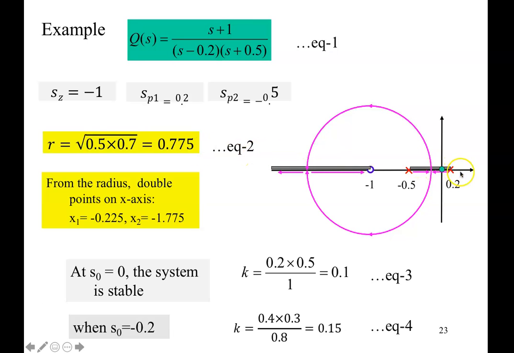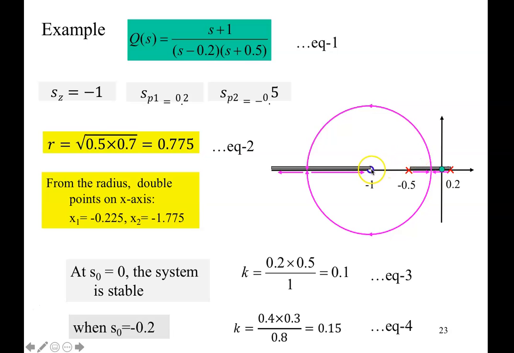So therefore, this is the entire RootLocus diagram. This pole for the closed loop moves towards the left, this pole moves towards the right, and then they follow the circle, they break off, one moving towards the right, one moving towards the left. Now I also need to identify where that is and where that is. But I know the center, I know the radius.